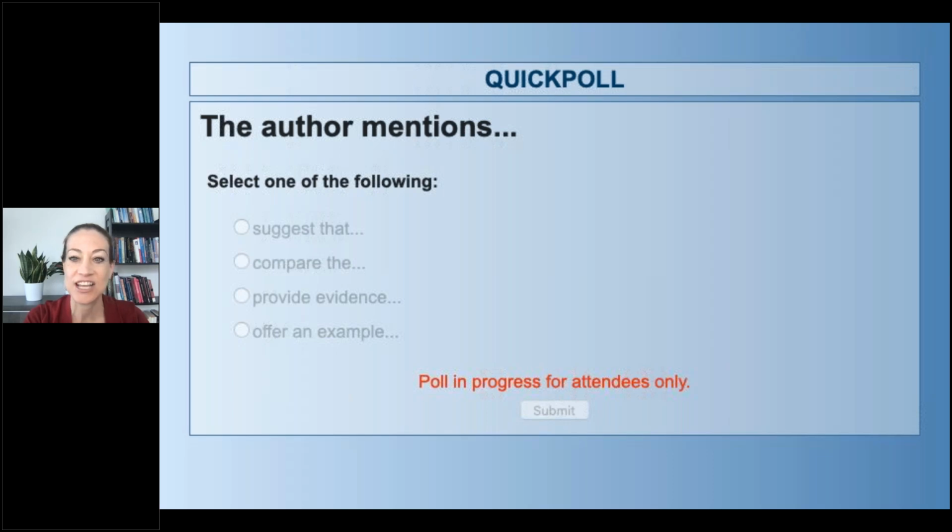A, suggest that some cultures have an easier time recognizing facial expressions than others; B, compare the utility of foreign expressions of emotions to Americans; C, provide evidence for her theory that facial paralysis can contribute to communication difficulties; or D, offer an example of a study that shows the similarity of facial expressions across cultures.